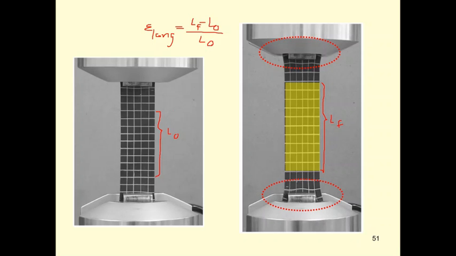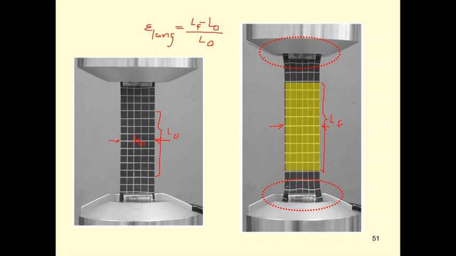At the same time, when you measure the width of this rubber band, this is going to be the original B, and then under the force, you may determine the width of this rubber band again.